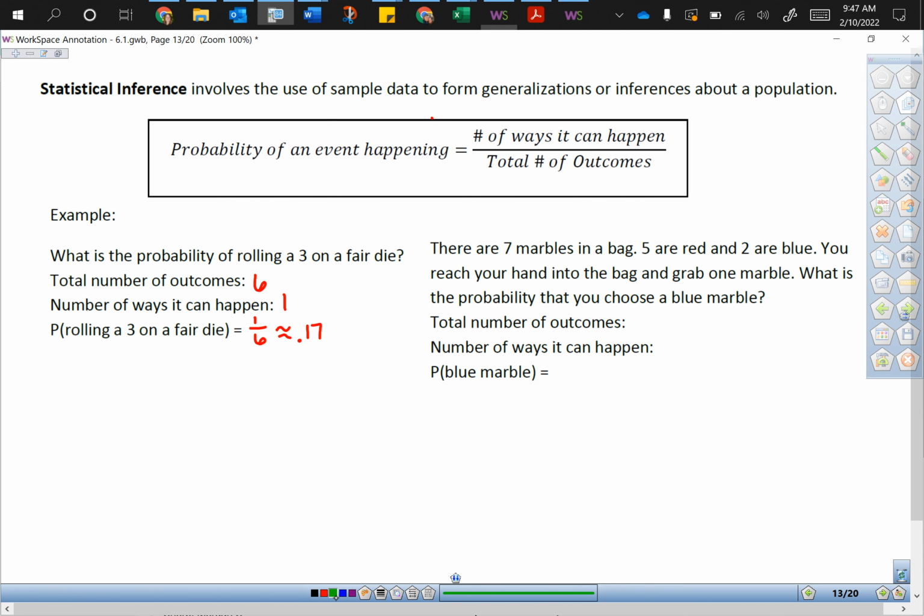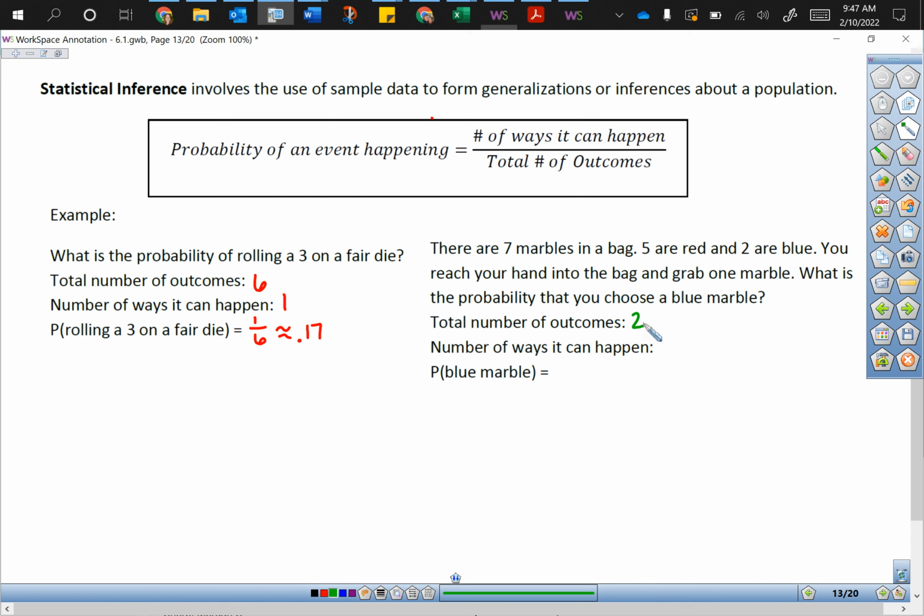So, on number 7, or the next example, there are 7 marbles in a bag. 5 are red, 2 are blue. You reach your hand into the bag and grab 1 marble. What is the probability that you choose a blue marble? So, we need to start with the total number of outcomes. How many blue marbles do we have? 2.